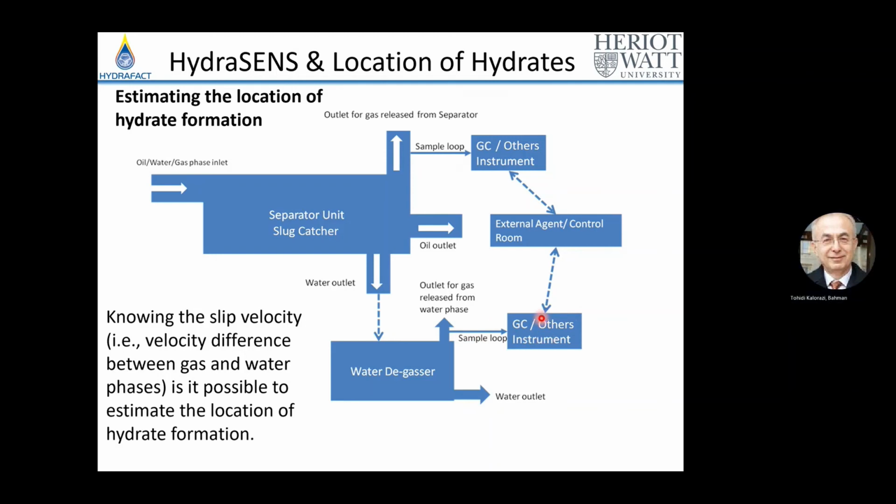Initially, when hydrate forms, the heavy component concentration in the gas phase will be reduced. You see that in the gas phase analysis, because gas is the fastest moving phase.